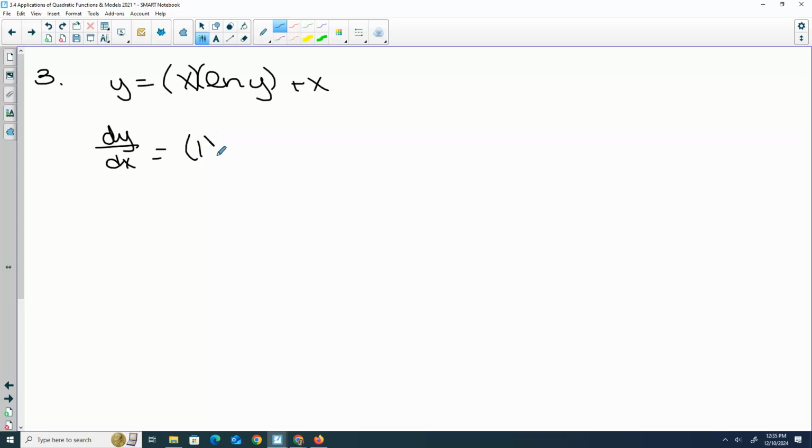The derivative of the first times the second plus the first times derivative of the second. How do you do the derivative of a natural log? 1 over the inside. So that's 1 over y, but chain rule, times derivative of the inside, derivative of y, plus derivative of x is 1. Okay?